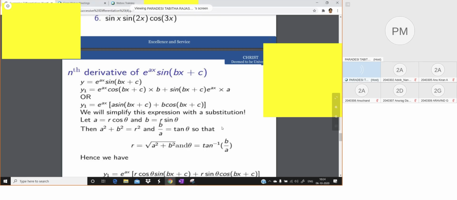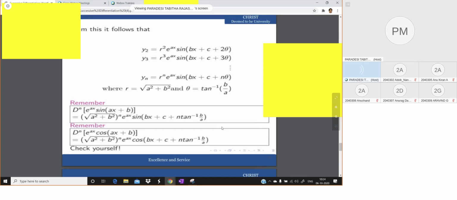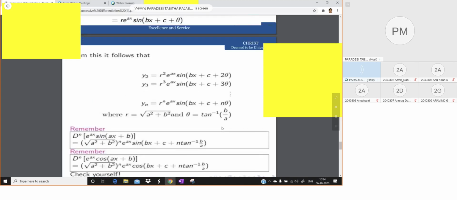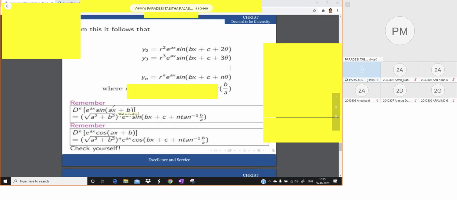Yeah, sin ax plus b, that's why I was confused. Thank you, ma'am. This is bx plus c.